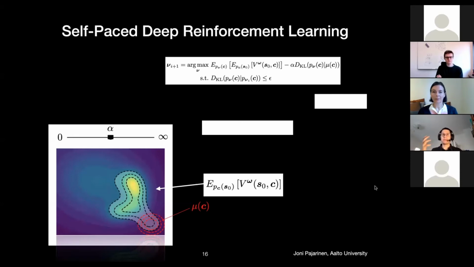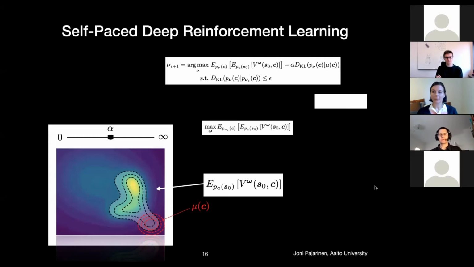Because we have a finite number of samples, we want to keep the learning stable. So you can add these kinds of constraints so that the learning does not jump around too much. And okay, this is one part of the optimization we then do.